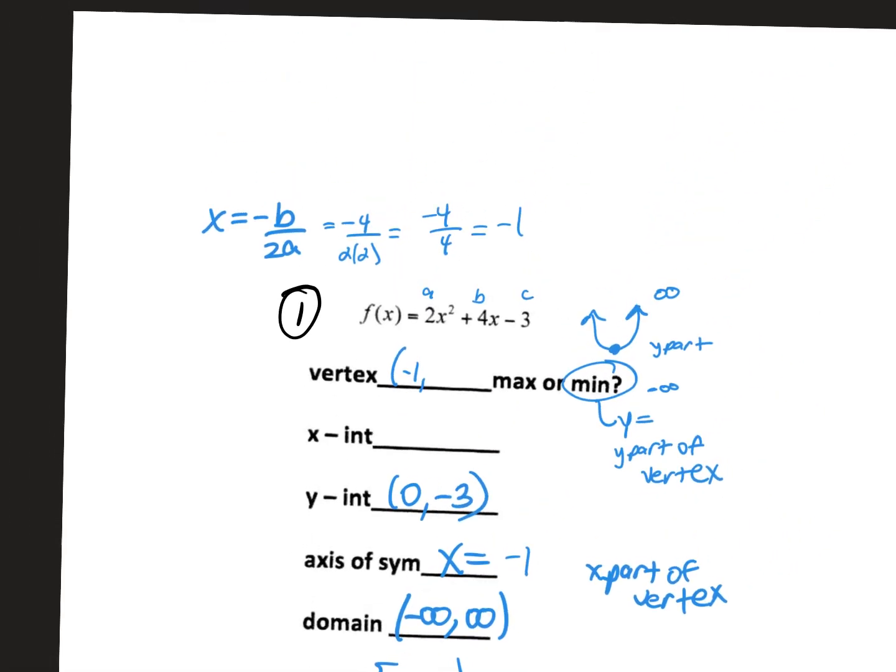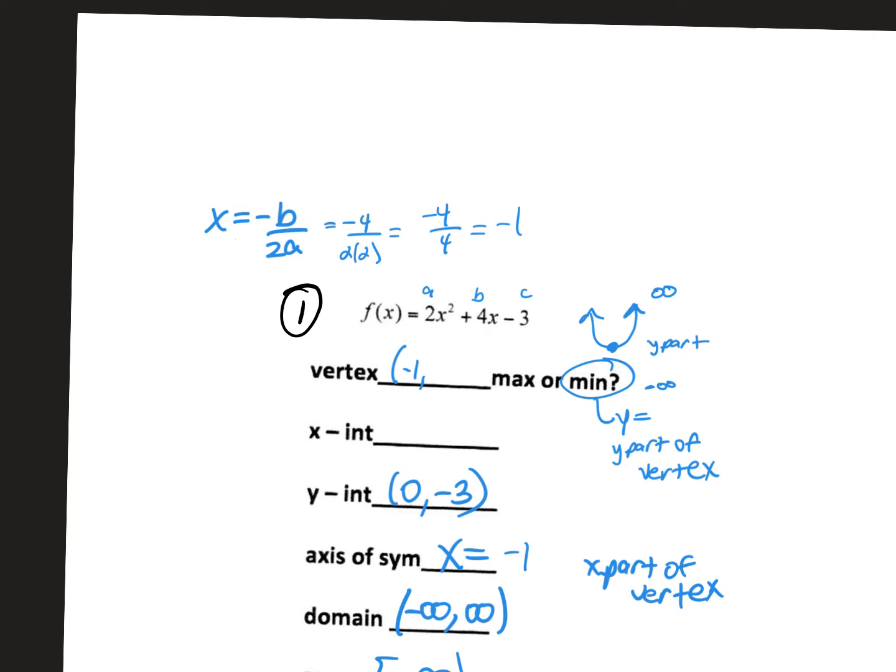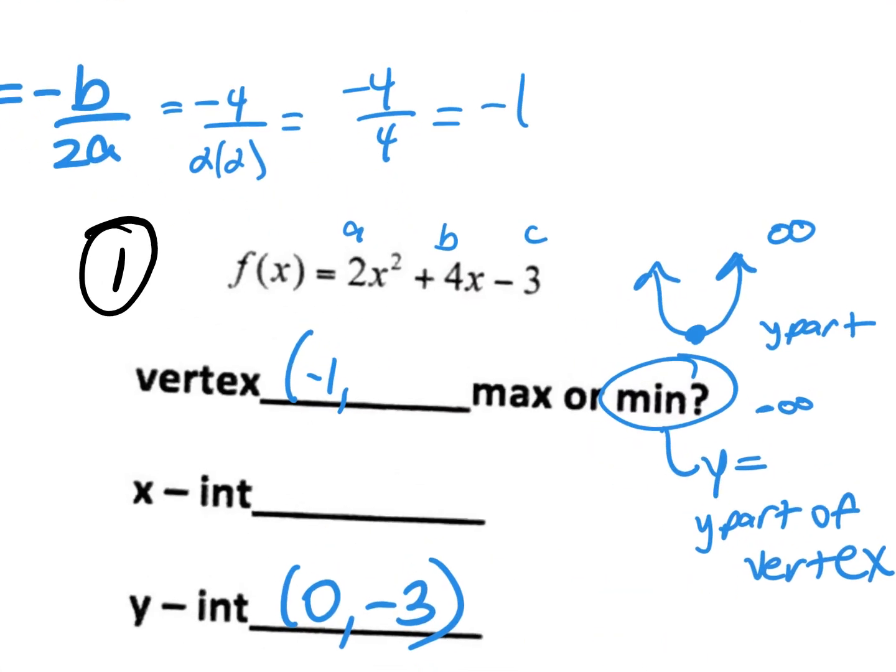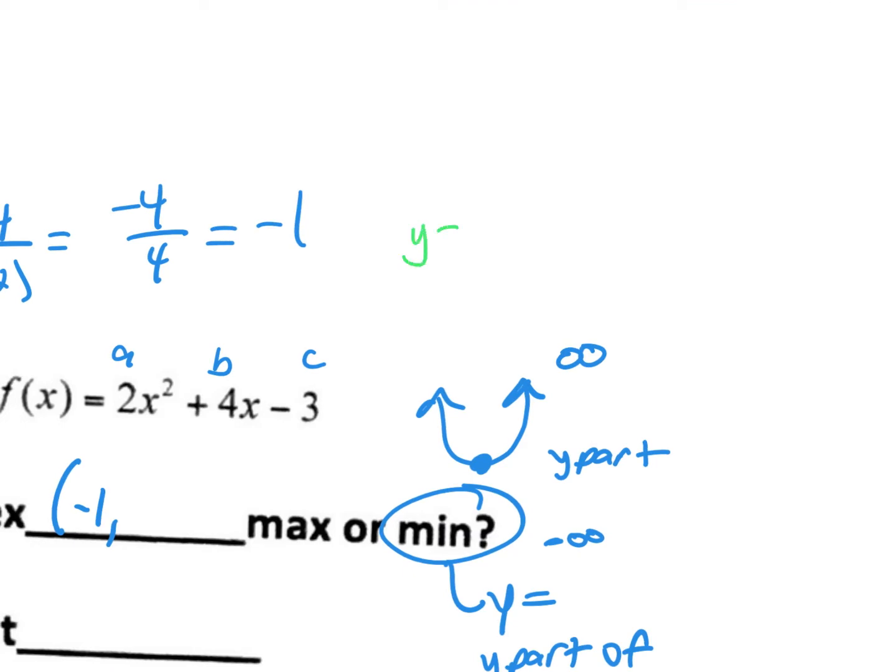So now that I have the x part of the vertex, how do I find the y? I'm going to plug -1 into my function. So I have y equals 2 times (-1) squared plus 4 times -1 minus 3. So we square first. What's -1 squared? 1. So 2 times 1 is 2. 4 times -1 is -4 minus 3.